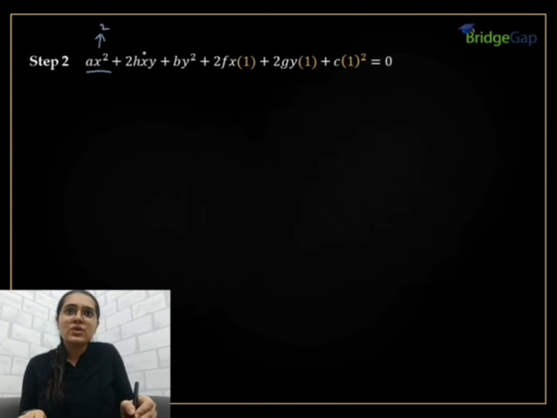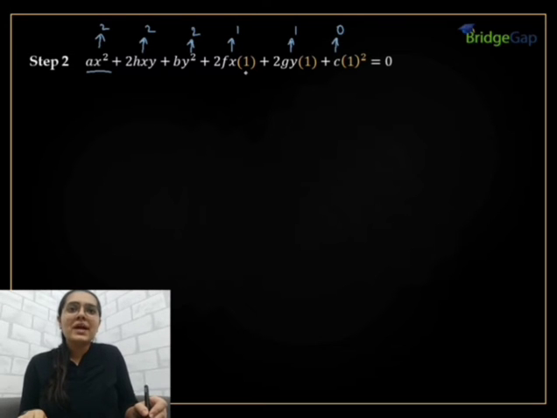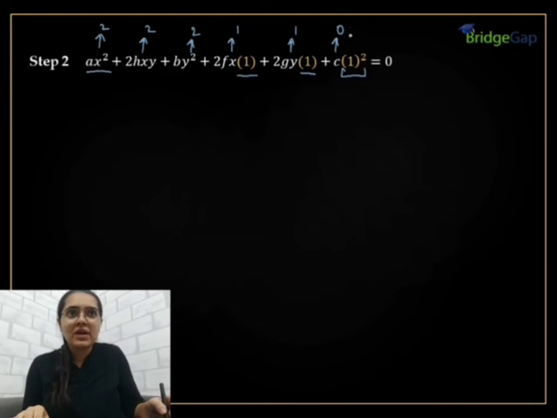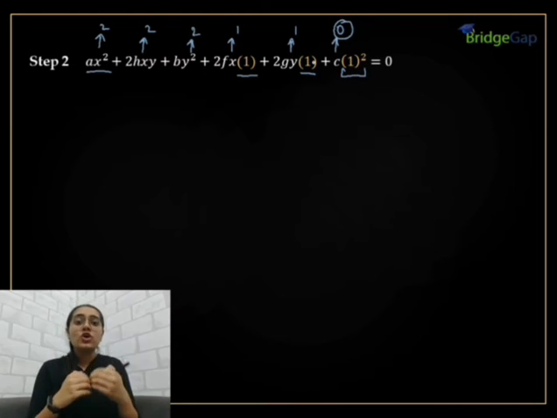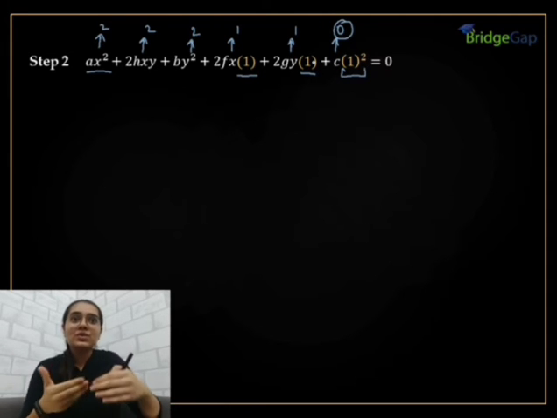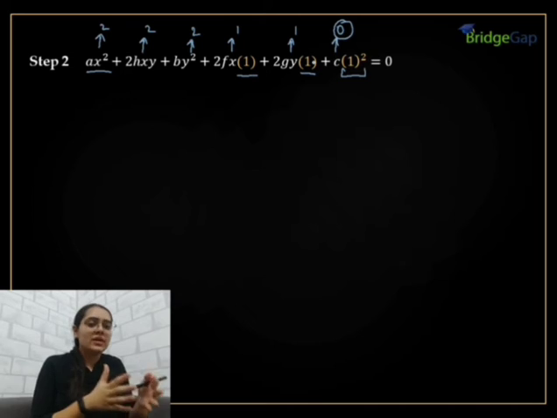This term was of degree 2, this was of degree 1, and this of degree 0. Right? Now we multiply here 1 time. We multiply here again 1 time and here 2 times. Because here the degree is 0. So in order to make that degree 2, we multiply 1 by 1 2 times. That is the square of 1.